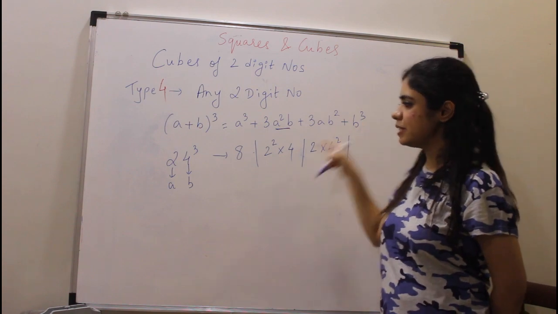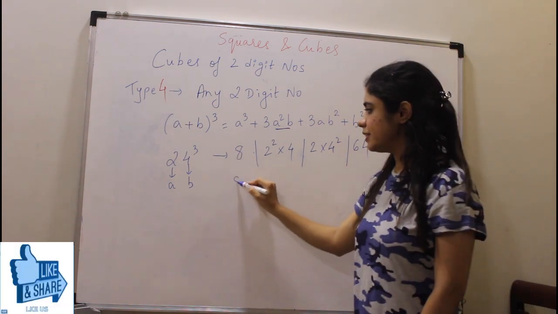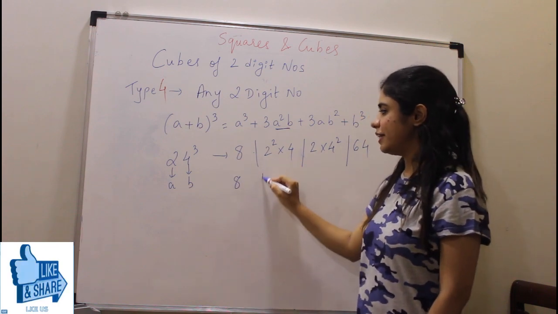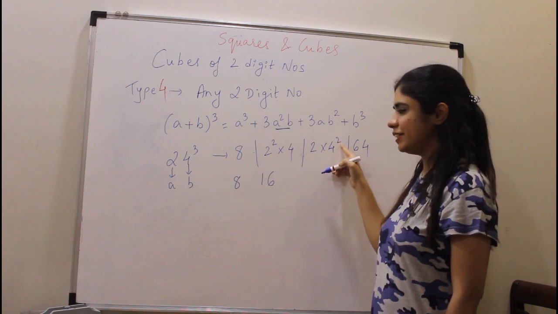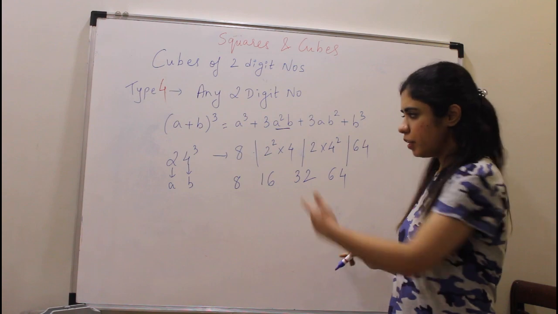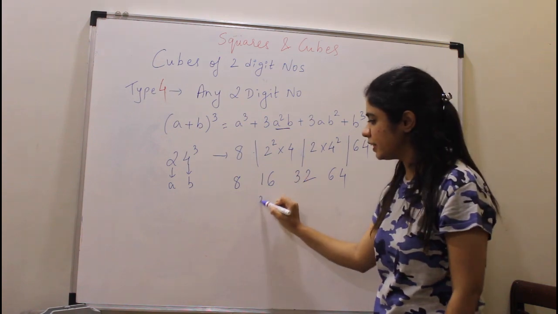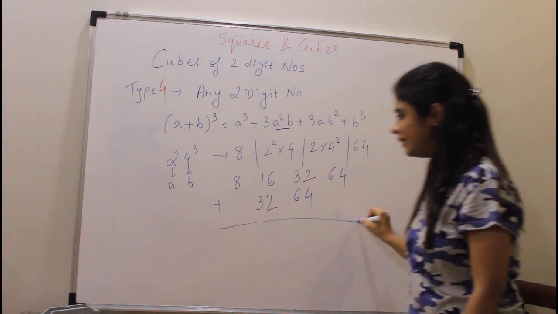And the last is b cube. 4 cube is 64. So I'll write this as 8. 4 into 4 is 16. 4 square is 16, 16 into 2 is 32. And this will be 64. Now double the middle two numbers. So 16 will become 32, 32 will become 64.